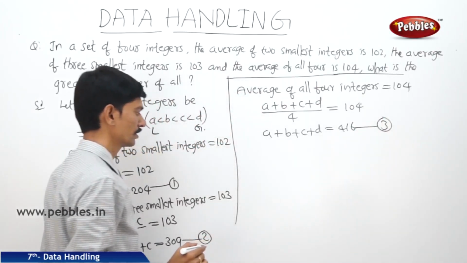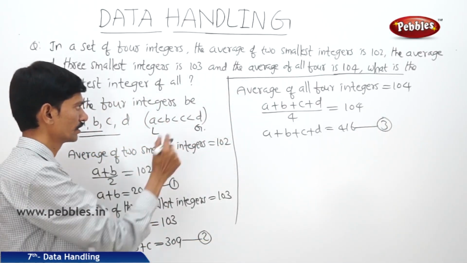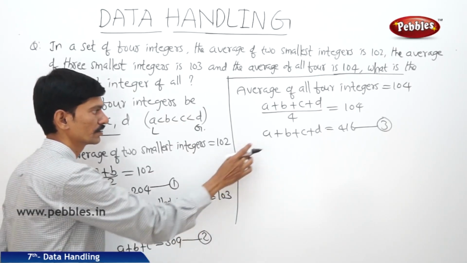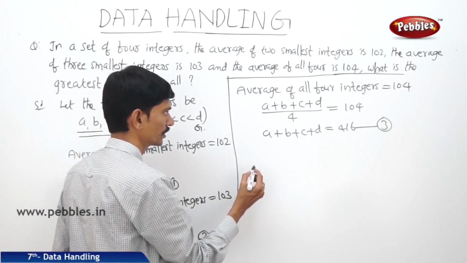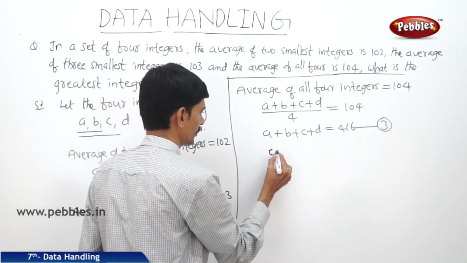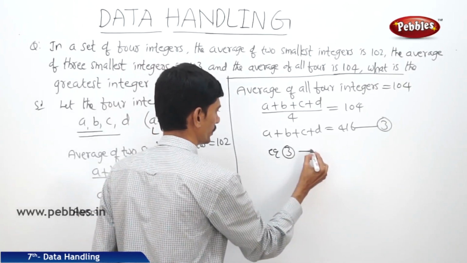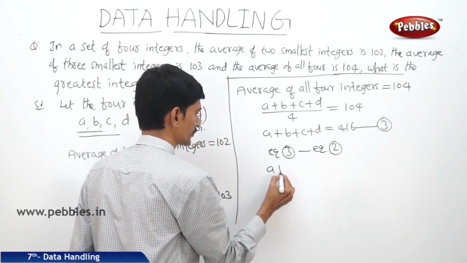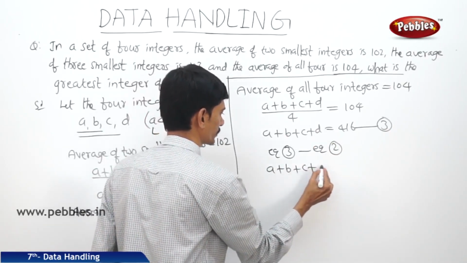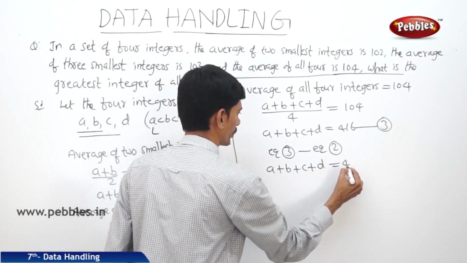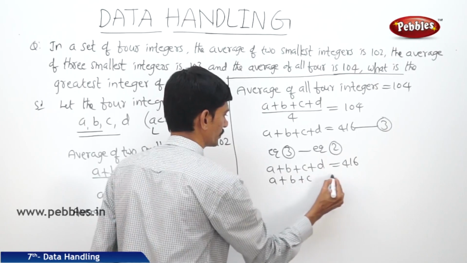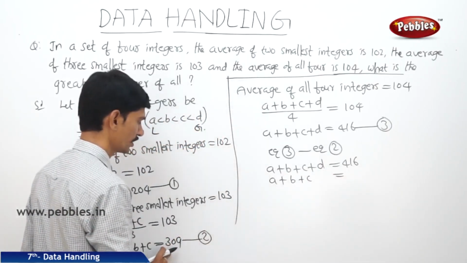Now to get the greatest integer d, we subtract the second equation from the third equation. So we get equation 3 minus equation 2. So a plus b plus c plus d equals 416, and here a plus b plus c equals 309.